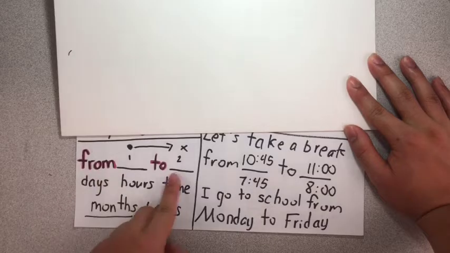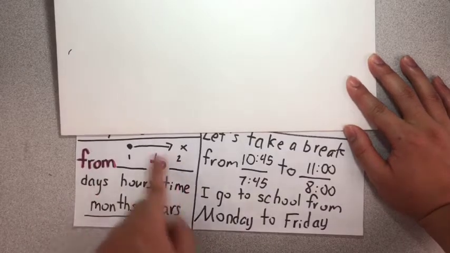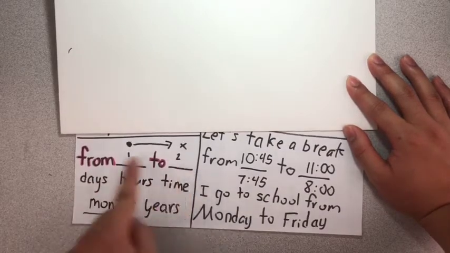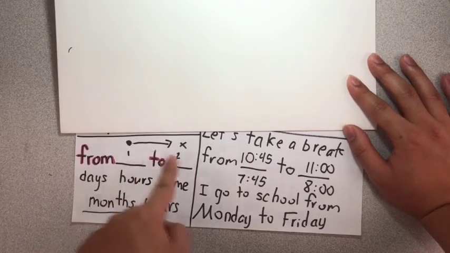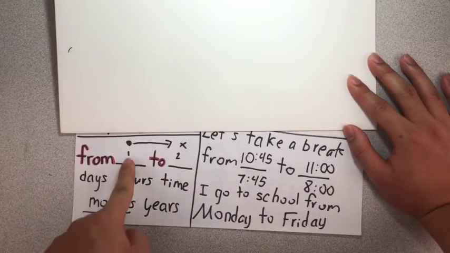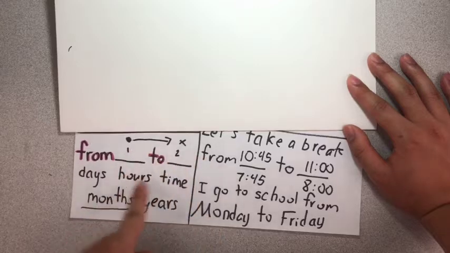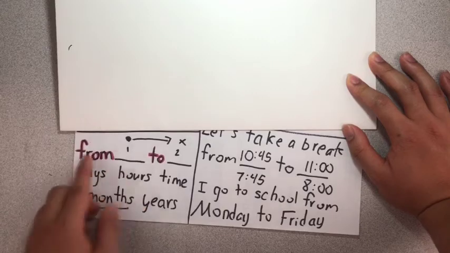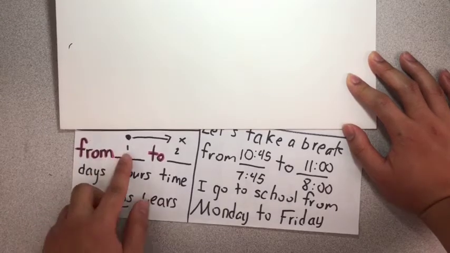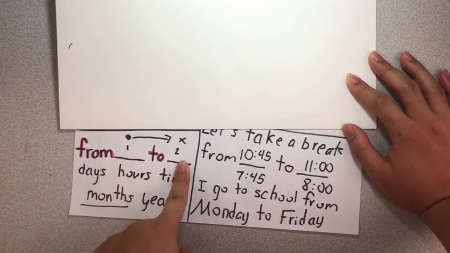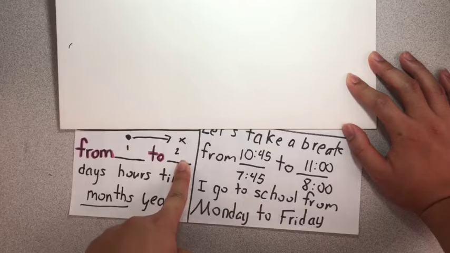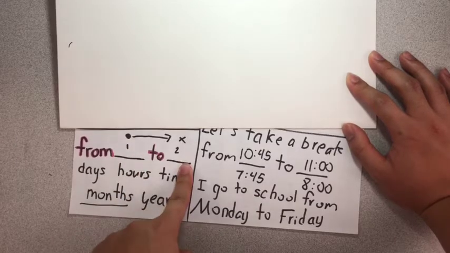Finally, we have from to. From to can be anything, but it has to be the same here and the same here. So days, hours, time, months, or years. So we can say we have English class from January to May or June, from January to June.